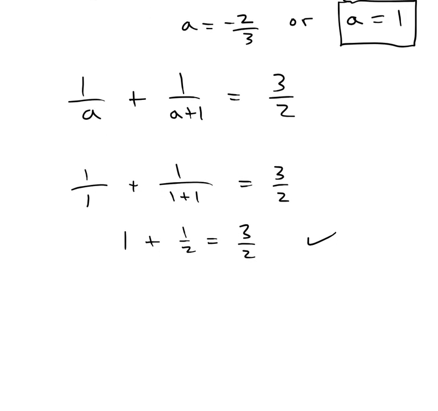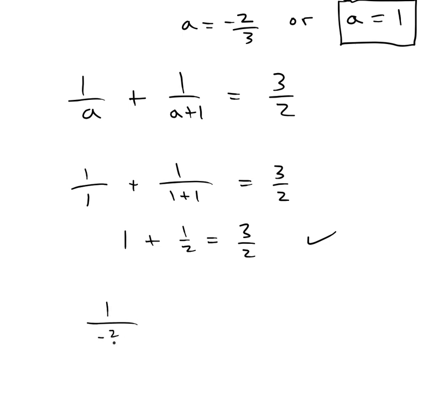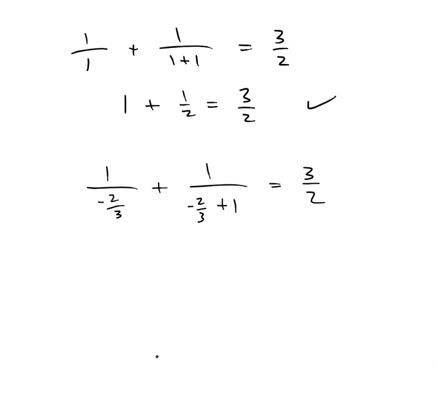Now let's try the -2/3. Okay, we've got some complex fractions here. We have 1 over a fraction, so we can actually just flip that fraction, turn it into the reciprocal, it's called, -3/2.